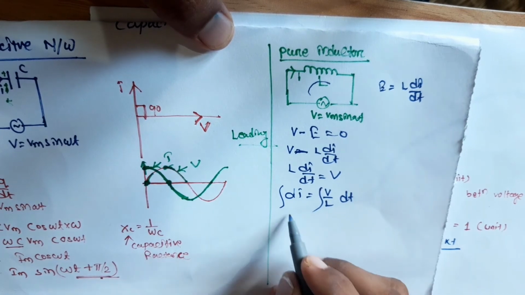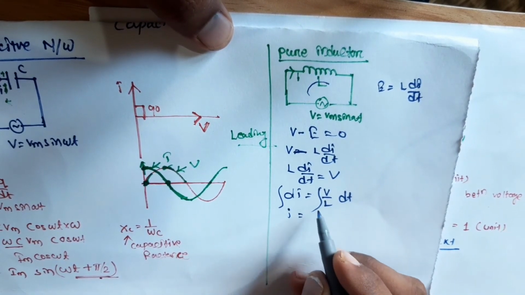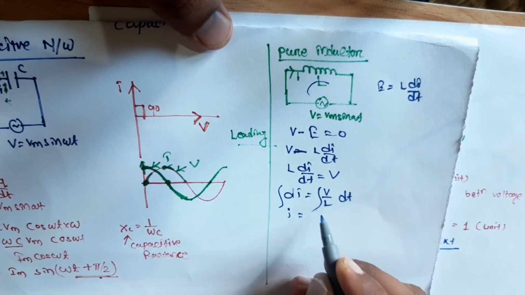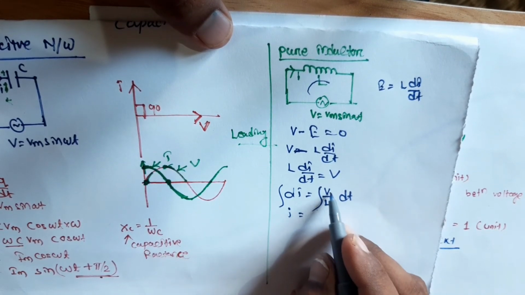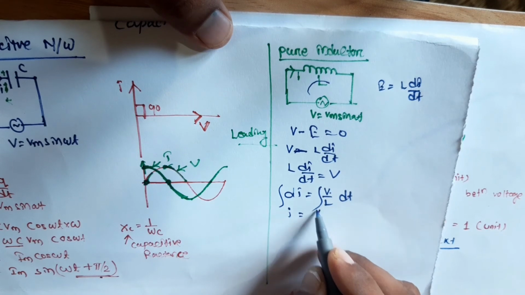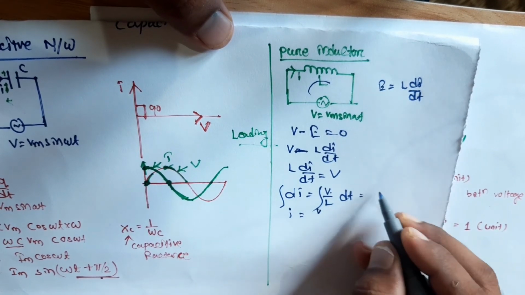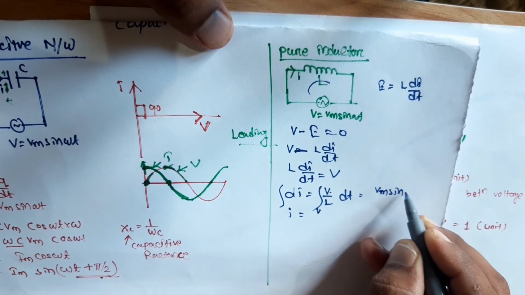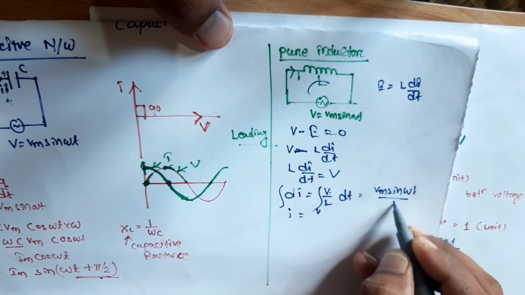So the integral of di equals I, and on the other side we write the integral of Vm sin omega t by L dt.